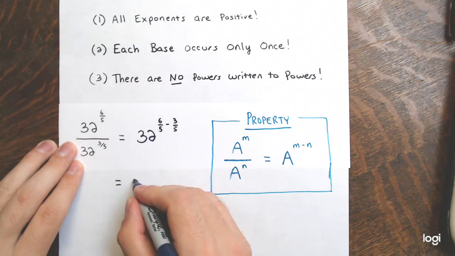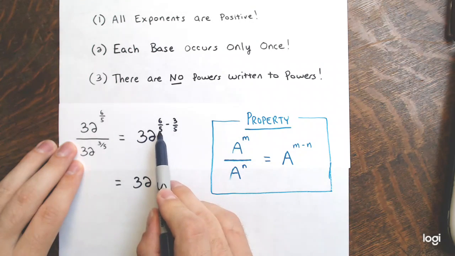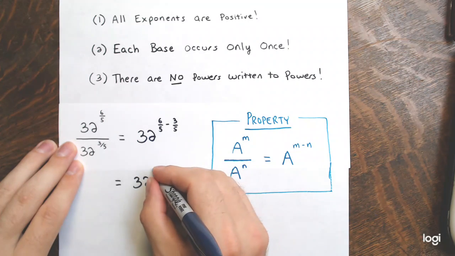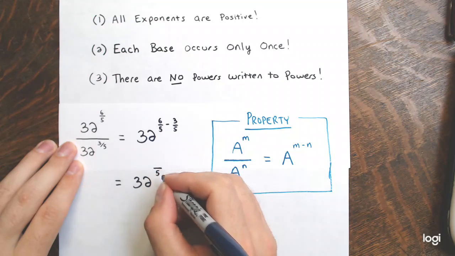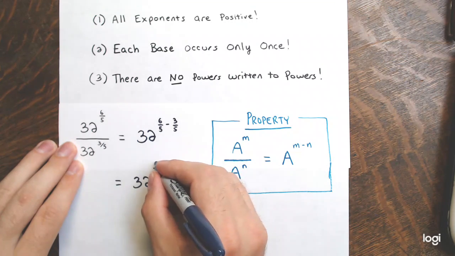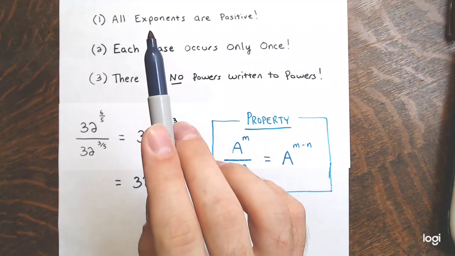So the base is 32. And these already have the same denominator, right? I don't have to change denominators like I did in the last example. So the denominator is going to be 5 for the exponent, and the numerator is just combine the numerators. 6 minus 3 is 3. And this is great. All exponents are positive.